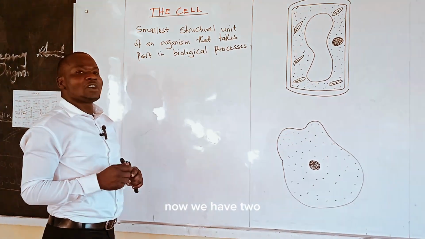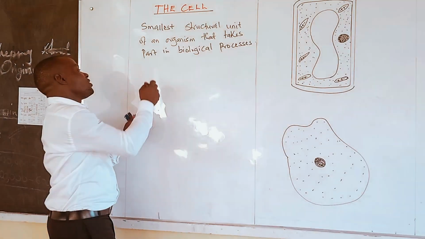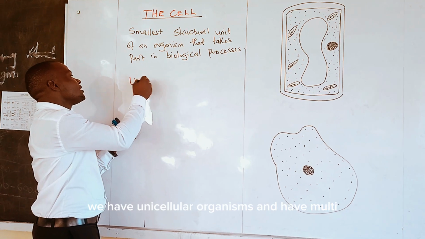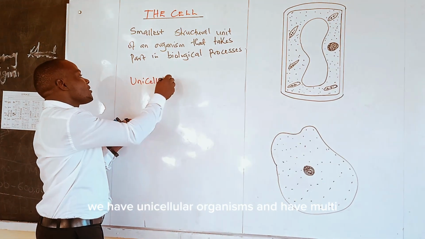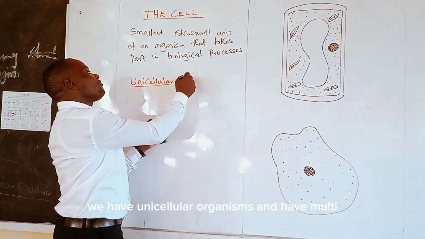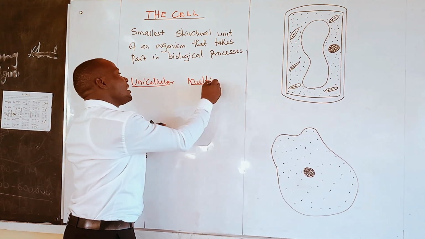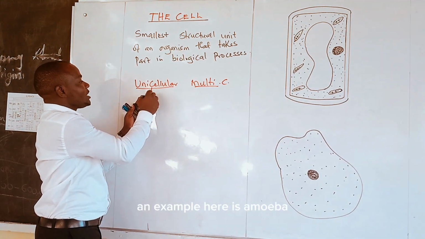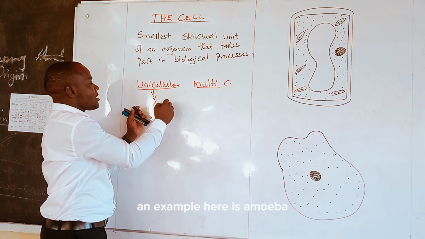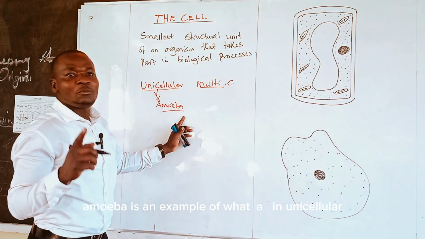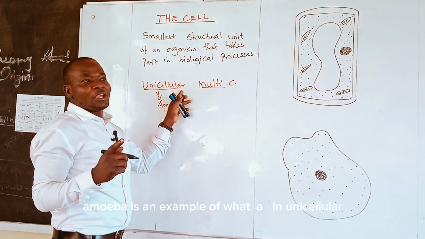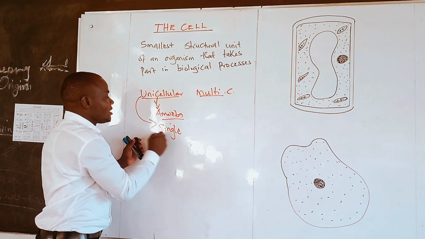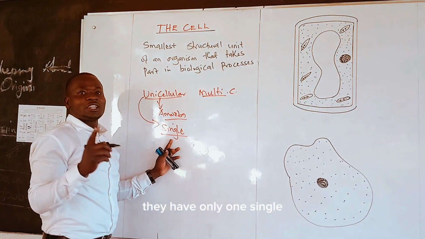Now, we can group organisms into two groups. We have unicellular organisms and multicellular organisms. What does it mean? An example here is amoeba. Amoeba is an example of a unicellular organism. Unicellular, singular, they have only one single cell.